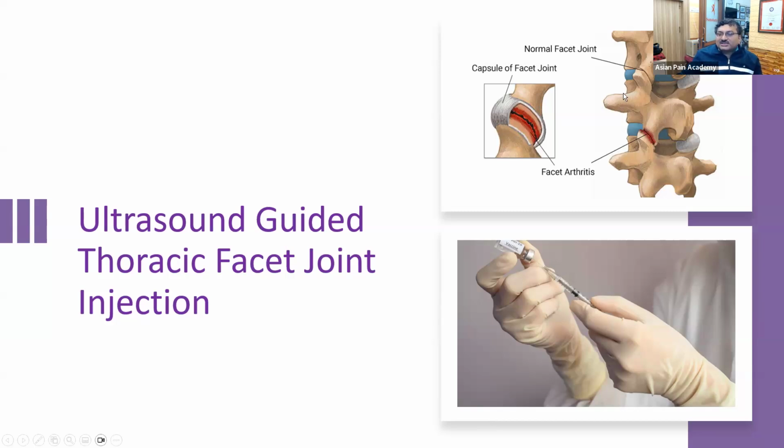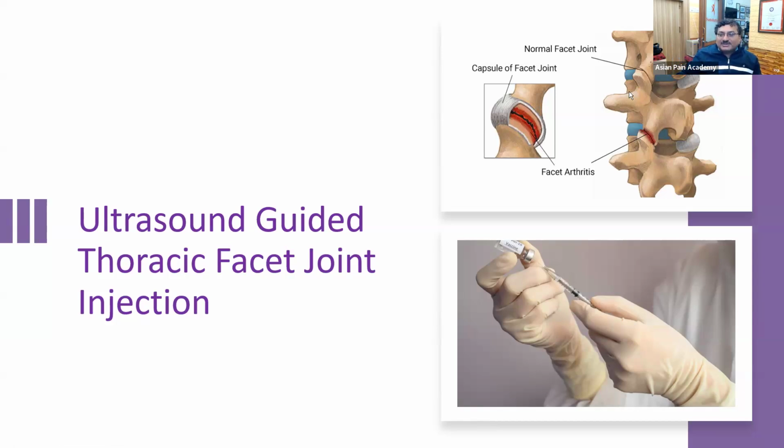In the thoracic area, the medial branches vary in their positions. Usually at the first four, that is T1 to T4, and also in case of T10, they are situated mostly in the upper and outer corner of the transverse process. In T11 and T12, they remain like the lumbar, that is close to the junction of the superior articular process and the transverse process.